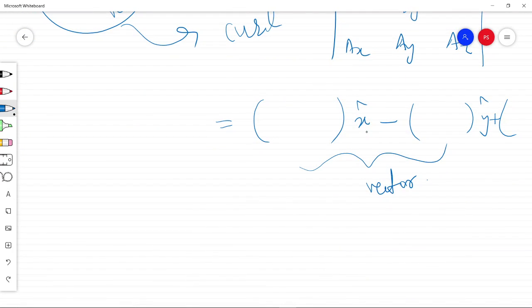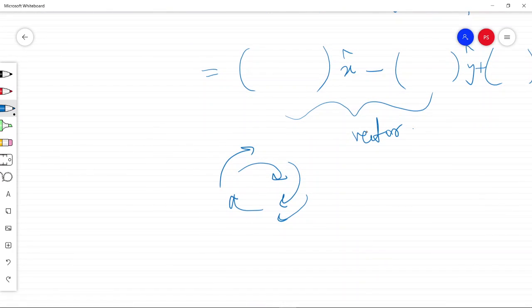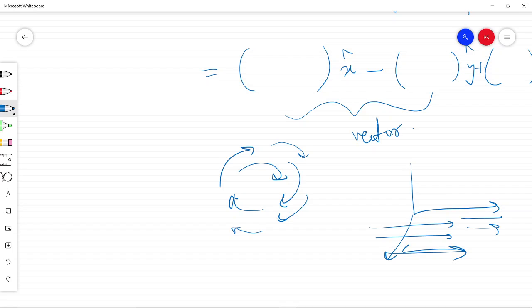This operation tells us about the curly nature of the vector function. The curl need not always be of this type. It can also be of this type, where, let us say, x, y and z axes are fixed like this.